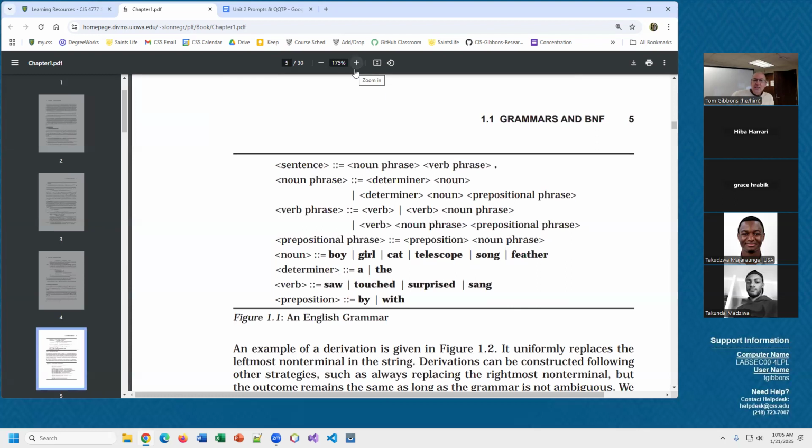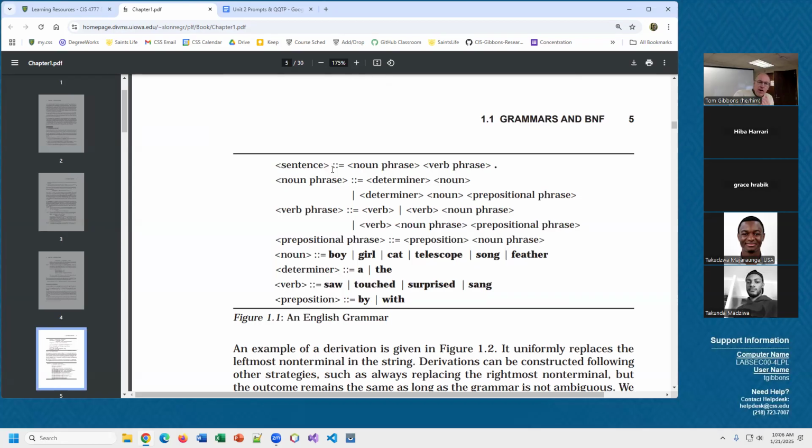In this example, we're going to do an English-like one, but we'll use this to generate Java, or other languages, Python statements or Python programs and stuff like that.